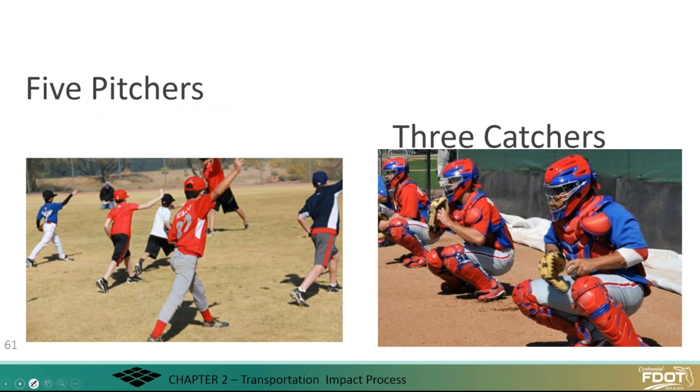Now, we debated on how much detail to go into here, and we're going to go into a little more detail than you might want, but we're going to give you one side of the calculation so you understand what's going on. I will use the example of 5 pitchers and 3 catchers.